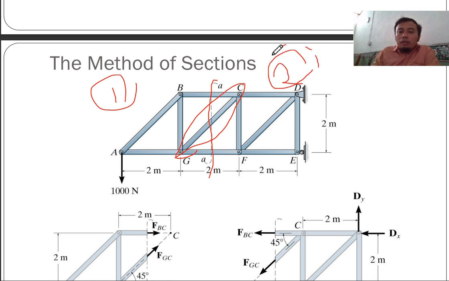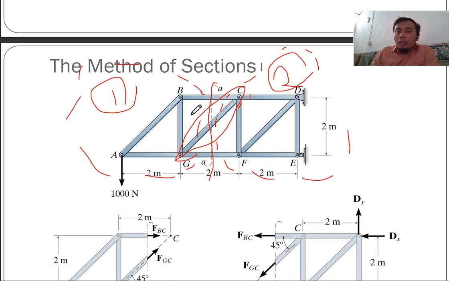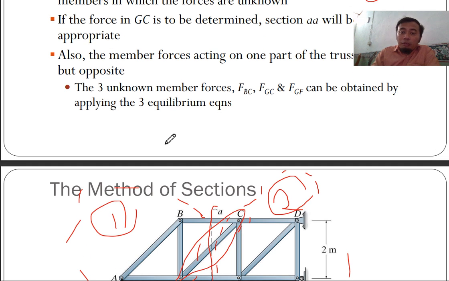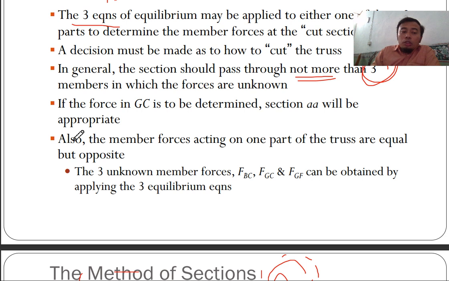This is the second part and this is the first part. So you can apply the equations on each part so that you can determine the value of GC, the force acting in member GC.